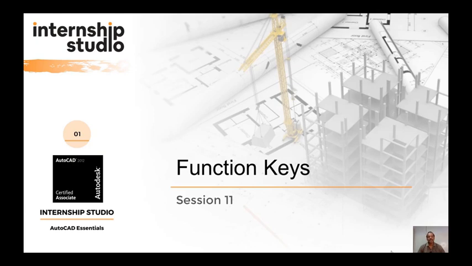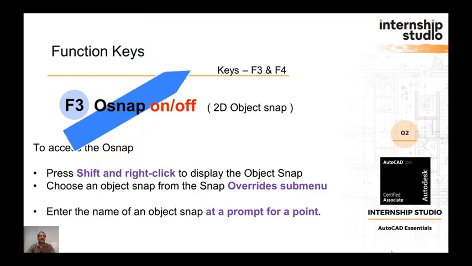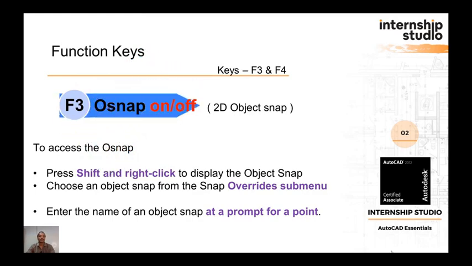Now we are going to discuss function keys F3 and F4. Function key F3 means object snap. Object means whatever we are drawing on the AutoCAD screen. How do we catch, or hold, a particular property of the object?